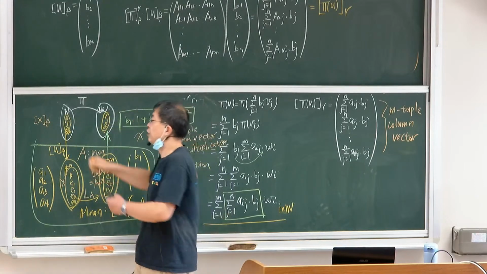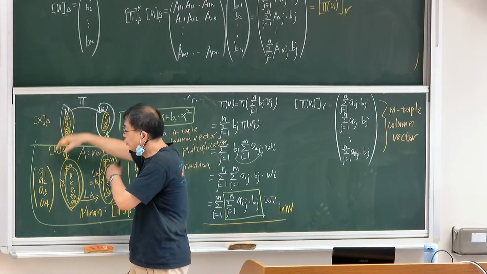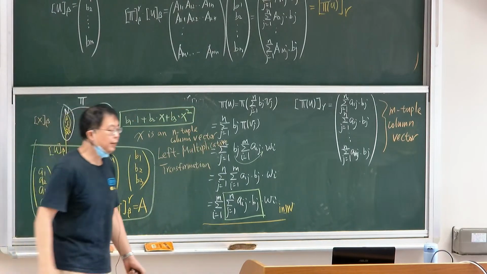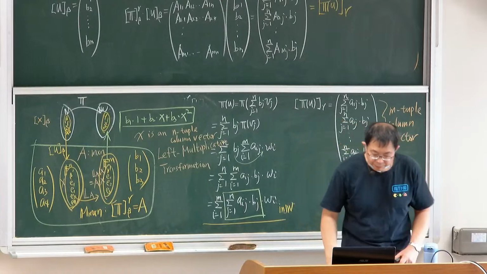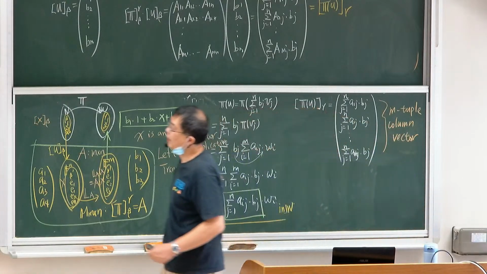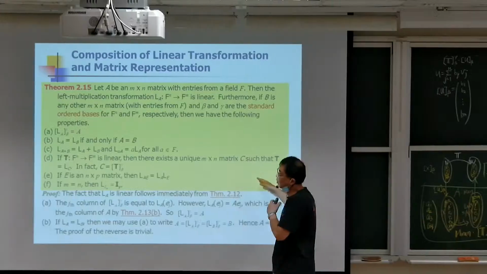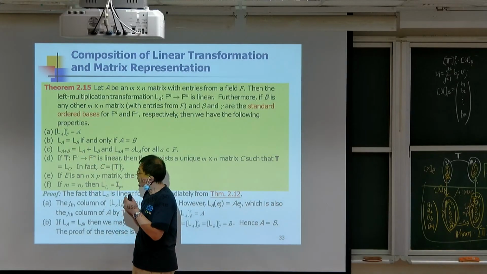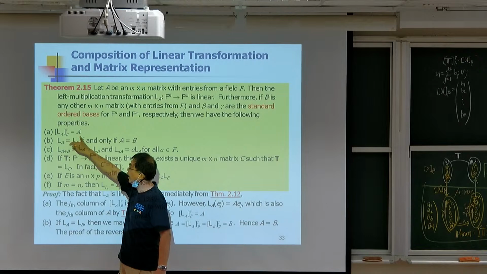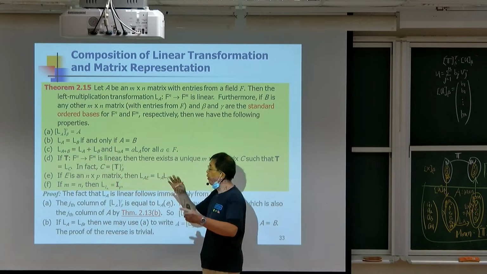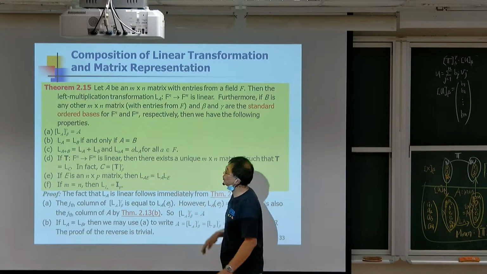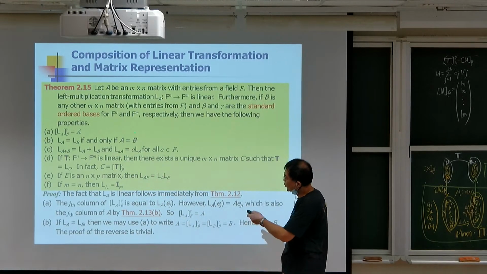So we have already transformed the vectors in V into a column vector. Then the rest of them, we have a lot of description. And so for this linear transformation, the matrix representation becomes A, and if LA equals LB, it means that matrix A should be equal to B, and so on.